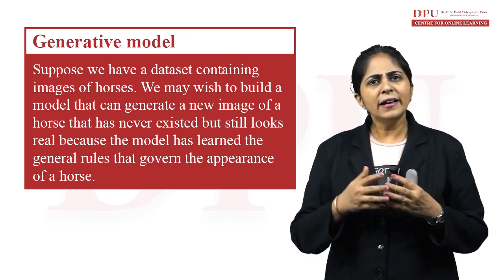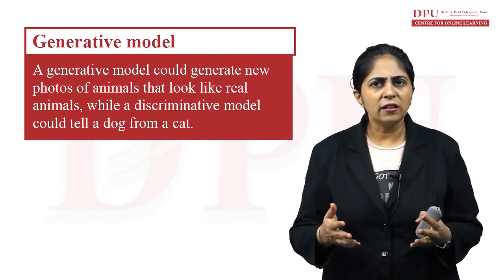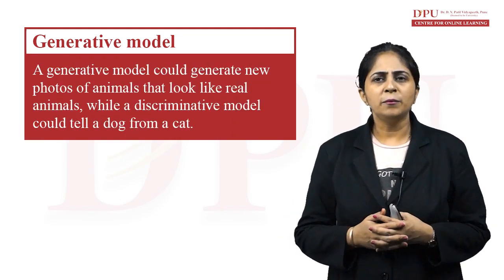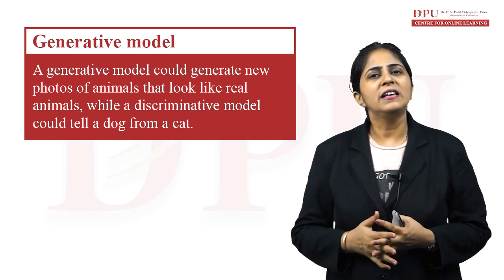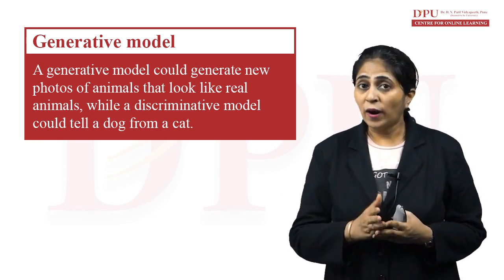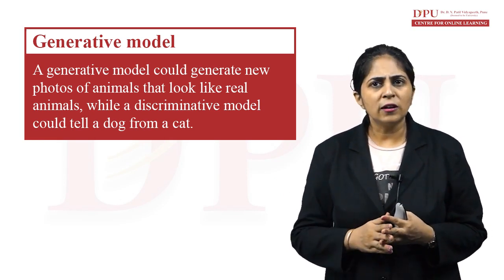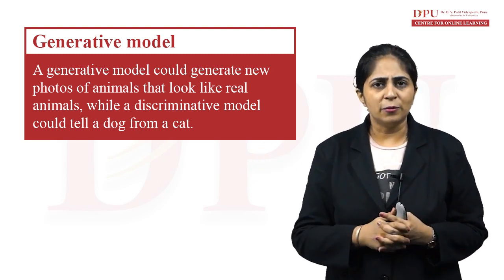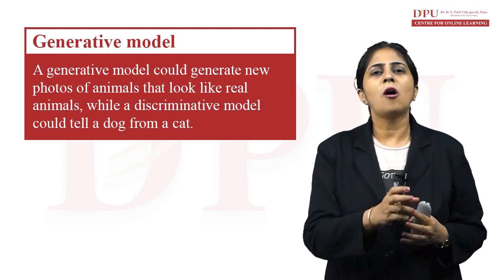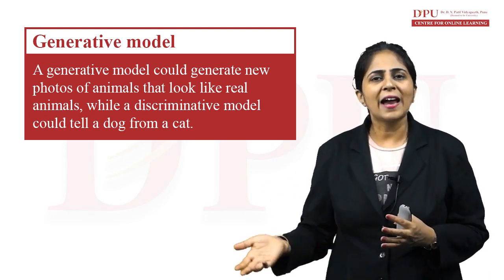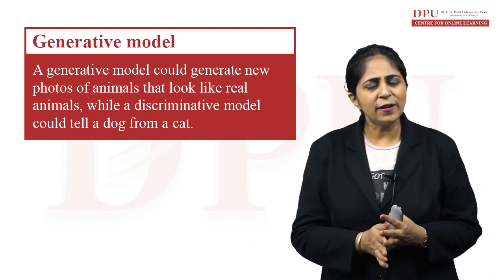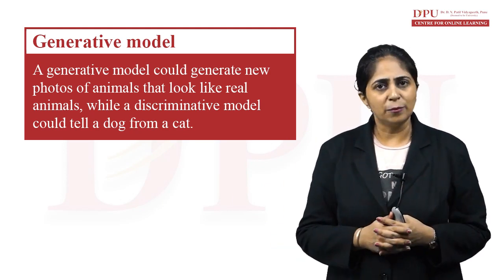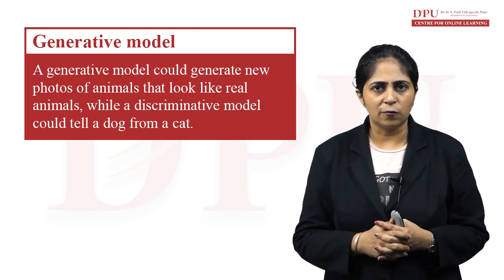A generative model could generate new photos of animals that look like real animals. While a discriminative model can distinguish between different types of animals, like it can distinguish a dog from a horse or from a cat. That is the function of a discriminative model.